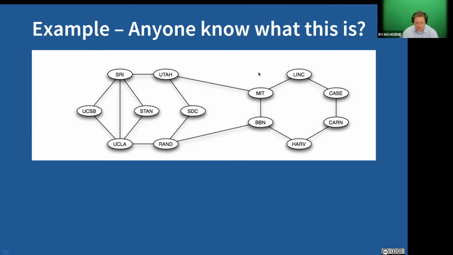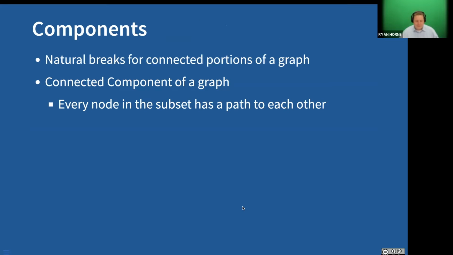If you took out MIT, you could still get there through one other node. If you take out MIT and BBN, you've now suddenly created a very disconnected system. And as more nodes were added, it was trying to build more connections between things. We're now on the internet that we know and love today, with all of its glory and craziness.